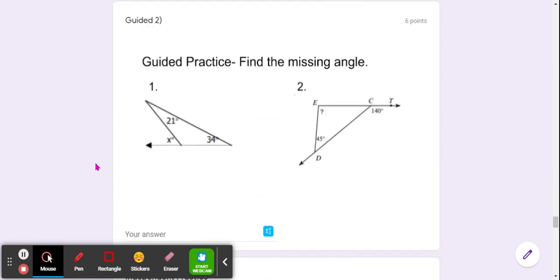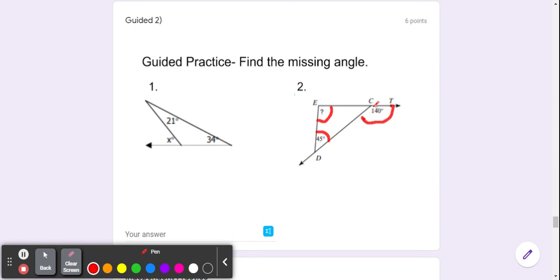Number 2 says, so notice how this time they did not give me the 2 angles inside. So I'm trying to figure out, well, what is this angle? I know this one and I know this one. So if I add these 2 together, I should get 140. But since I don't have anything here, I'm going to do the inverse and I'm going to subtract 140 minus 45.